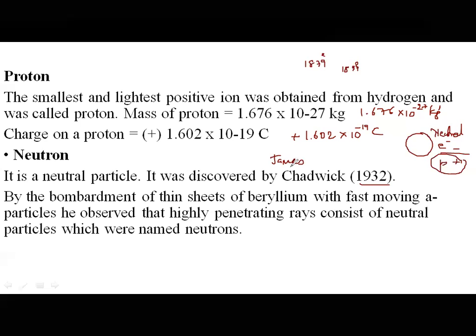What James Chadwick did was, in 1932, he observed that when a beam of alpha particles, which have 2 units of charge and 4 units of mass, just like a helium atom, bombards the beryllium atom, which is 4 and 9, a new particle was ejected.